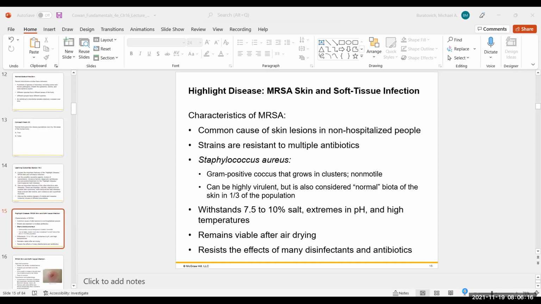Now, what about non-bullous impetigo? Non-bullous impetigo can be caused by Staphylococcus, but it's also usually caused by group A strep.